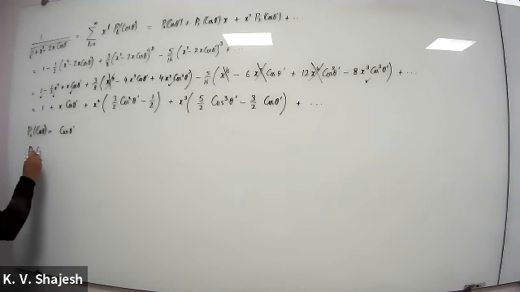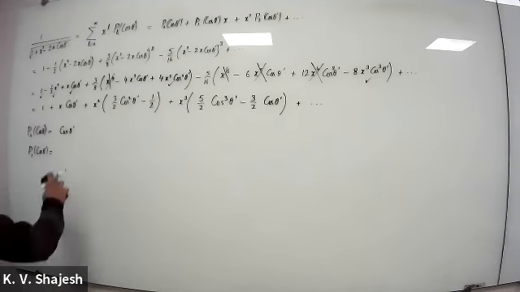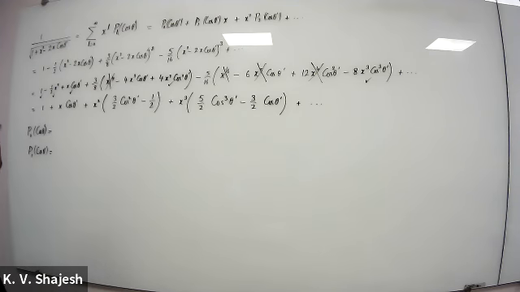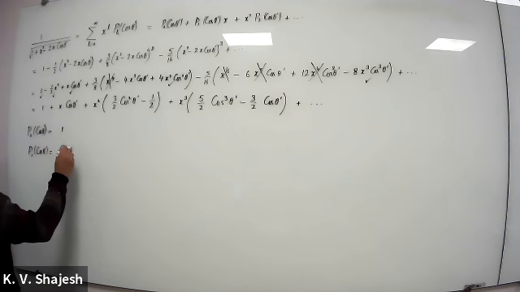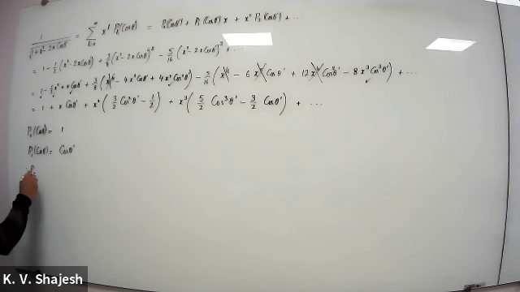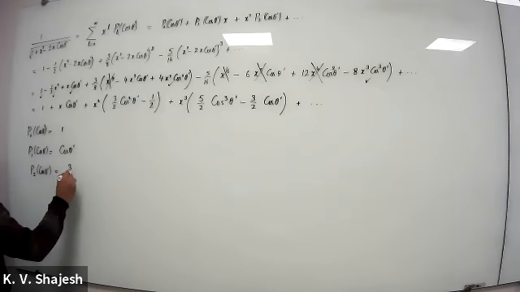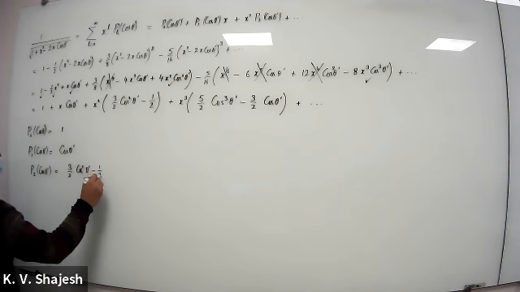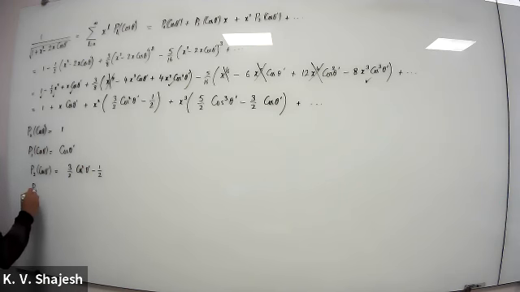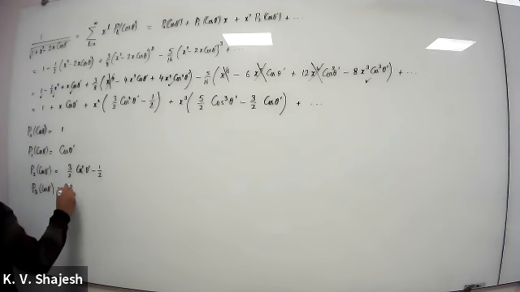P0 is the 0 power, right? So it's 1. P1 is cosine theta prime. P2 is equal to 3 by 2 cosine squared theta prime minus half, and P3 cosine theta prime is equal to 5 by 2.